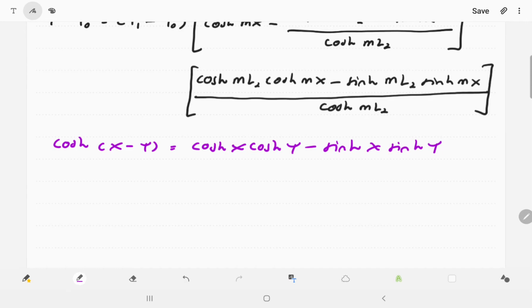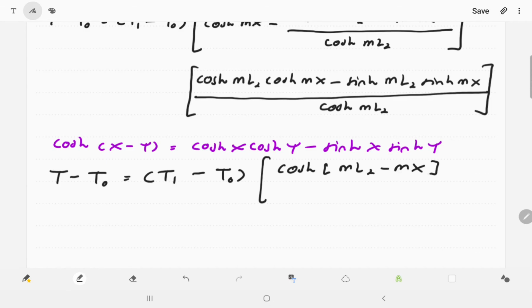So then we can simplify the term further. T minus T0 will be equal to T1 minus T0 cosh of mL2 minus mx, divided by cosh mL2.